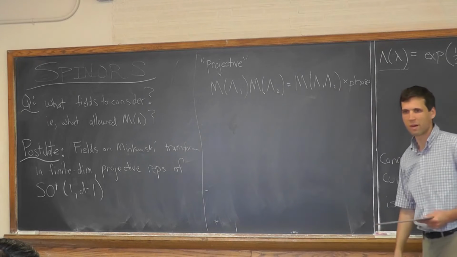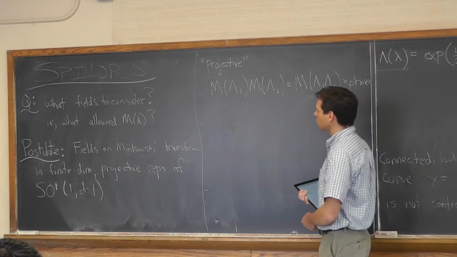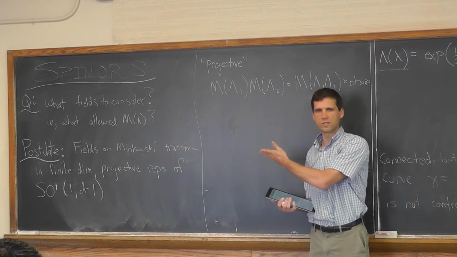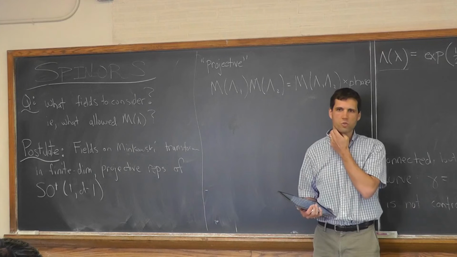That phase might be trivial, but it's potentially a phase. So when I say projective reps, I mean truly projective reps or just ordinary reps. So the fields almost have to obey the Lorentz group structure, but not quite. They only have to obey it up to a phase.